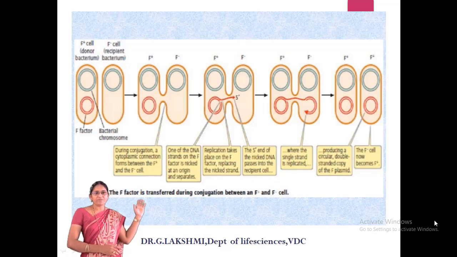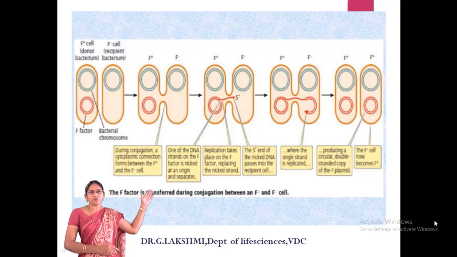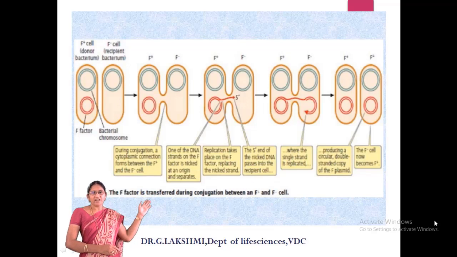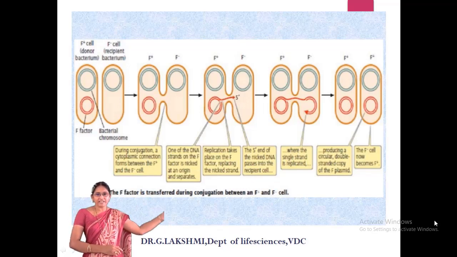The 5' phosphate displacing strand passes through the cytoplasmic tube and reaches the F minus cell, and within the F plus cell, the 3' hydroxyl group allows the synthesis of DNA on the template strand. The displacing strand gradually reaches the F minus cell and is circularized.